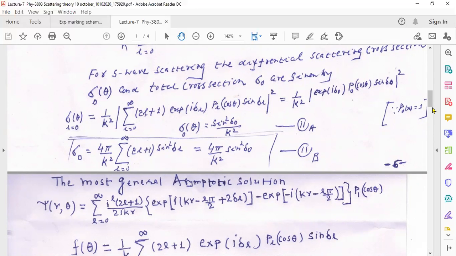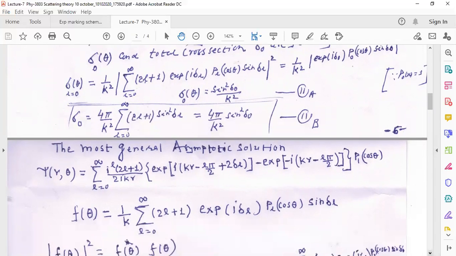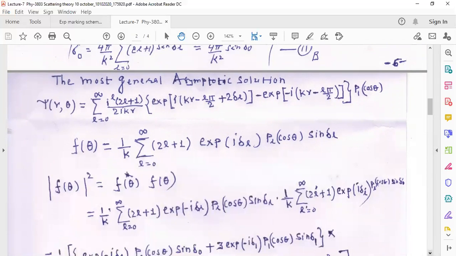S, P, D, F, like this. Now for lower values of delta 2, delta 3, delta 4, we will work out a very important thing. If you have a scattering process in which delta 0 and delta 1 are prominent and delta 2, delta 3, delta 4, delta 5 are negligible, what will be the differential scattering cross section and total scattering cross section?